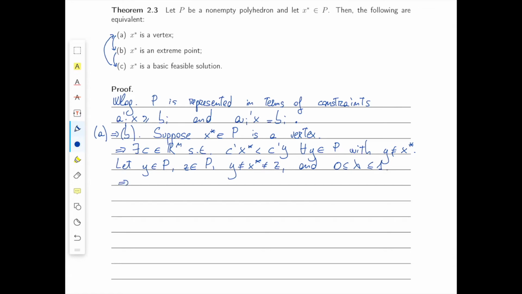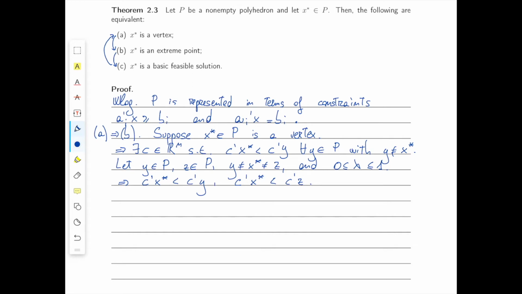Since x star is a vertex, we immediately know that the cost of x star is strictly smaller than the cost of y, and the cost of x star is also strictly smaller than the cost of z. Now we're going to show that no point of the form lambda y plus 1 minus lambda z can ever be x star, which then implies that x star is an extreme point.